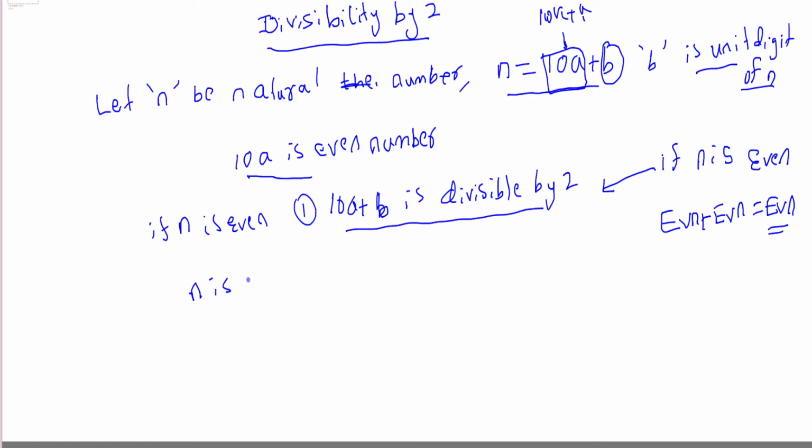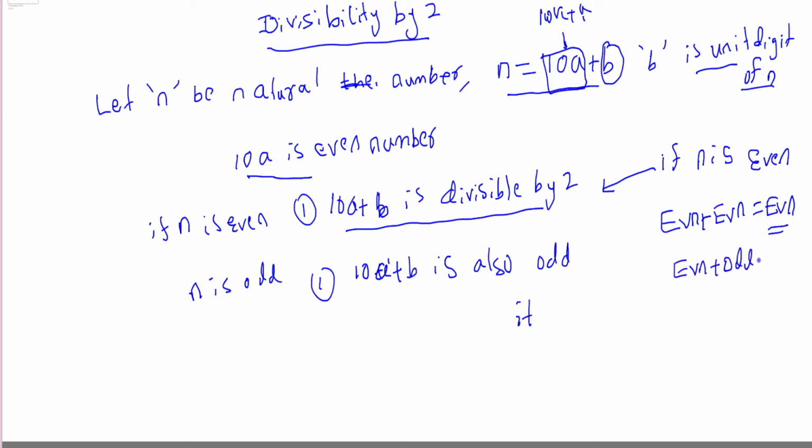And if n is odd, what happens? If n is odd, then 10a plus b is also odd. Then it is not divisible by 2, because even plus odd gives only an odd number.